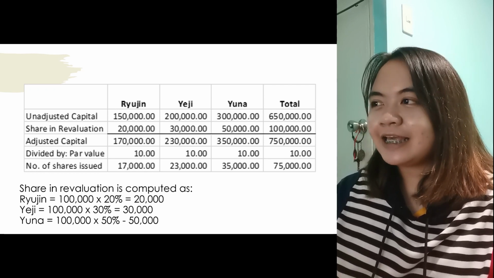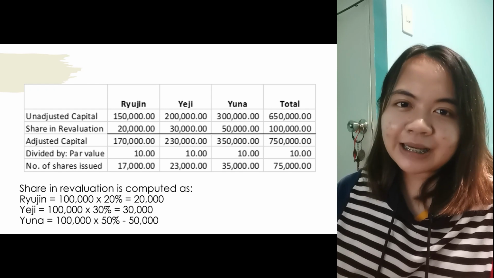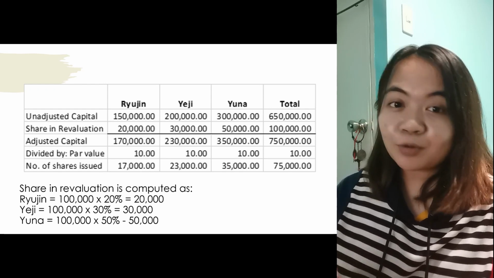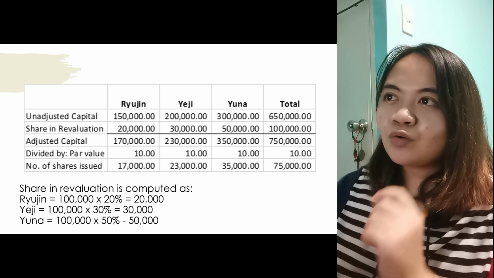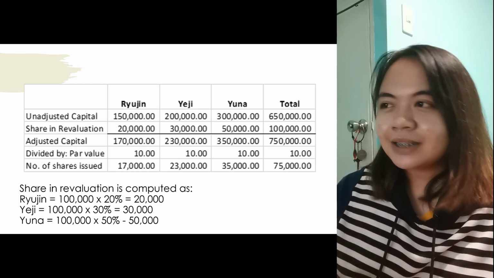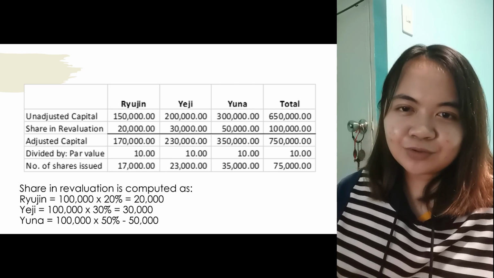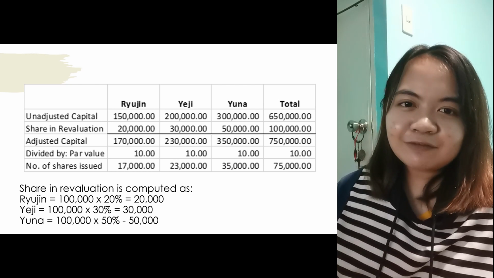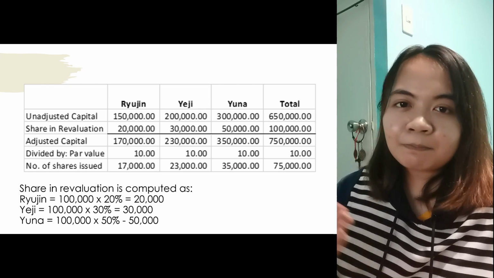So, revaluation only. Okay? Now, it says that based on their capital balances in the corporation, this will be the issuance of their capital, the share capital. So, how do we do that? The adjusted capital, you just divide it by the par value.